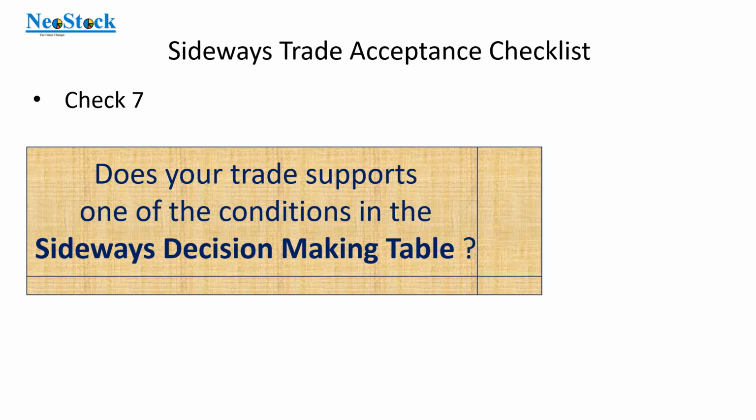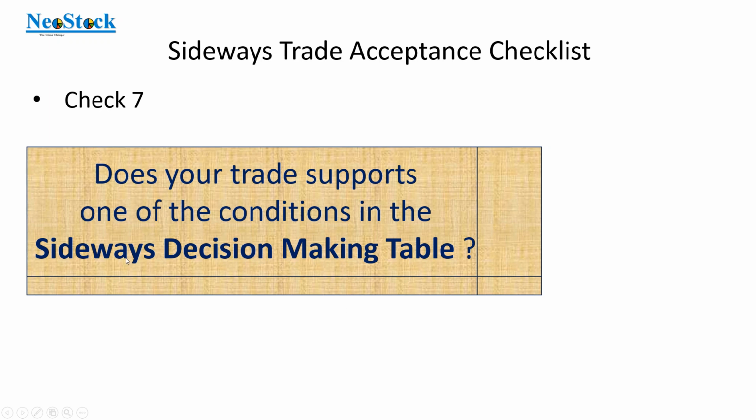But now we are in lesson 30.3 video. Lesson 30.1 and lesson 30.2 you have learned sideways decision making tables. Lesson 30.1 long trade setup. Lesson 30.2 short trade setup for sideways trend.